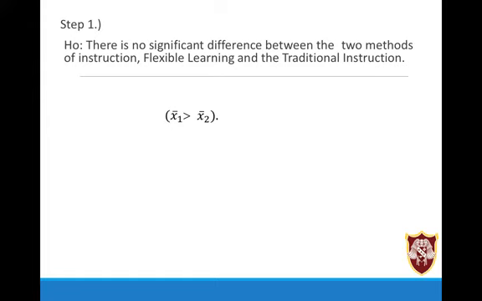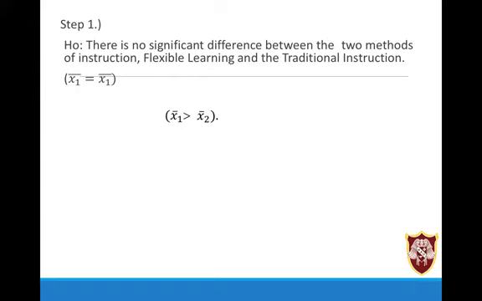instruction. In symbols, we express that as mean bar x of 1. So that is the average score of the first group being equal to the average score of the second group. So that should be bar x of 1 equals bar x of 2. Okay, so correction.